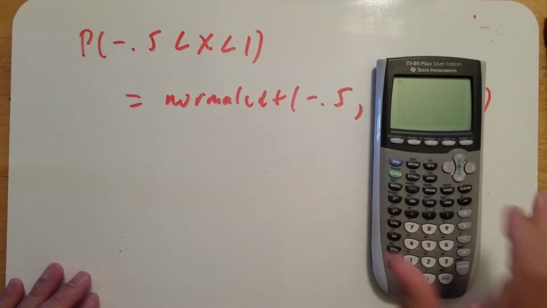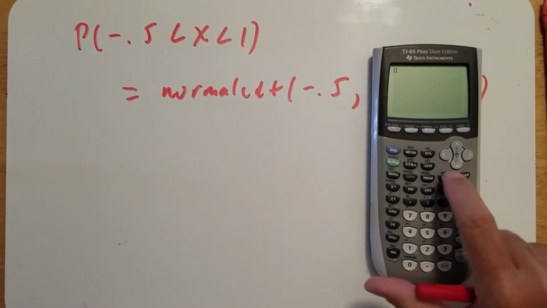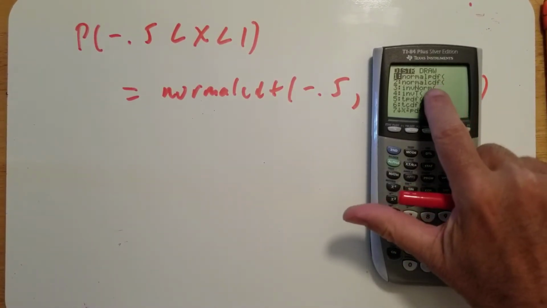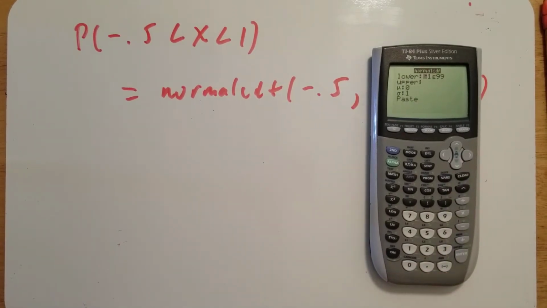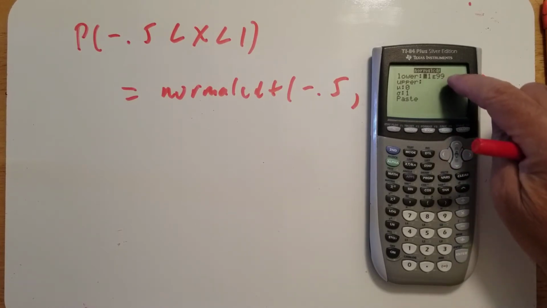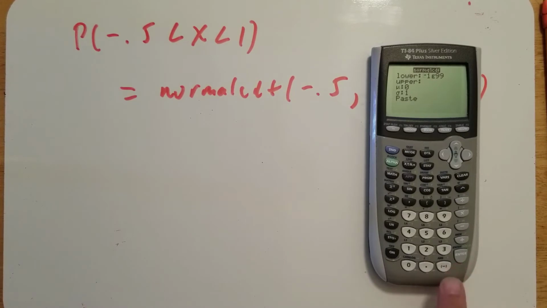On the calculator, that's on the distributions menu, second vars gets you there, and it's the second thing, normal CDF, and my stat wizard is on, and that means that it's going to prompt me. The lower value is this -0.5. I'm using this negative symbol down here.